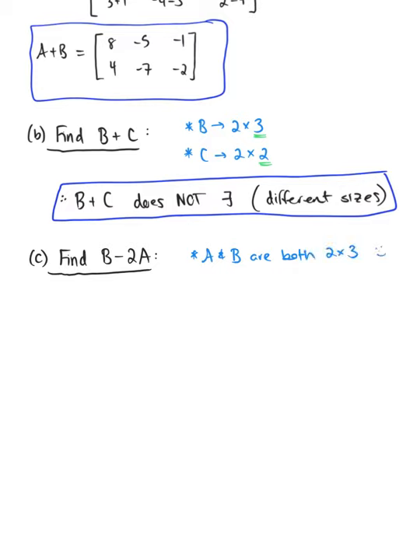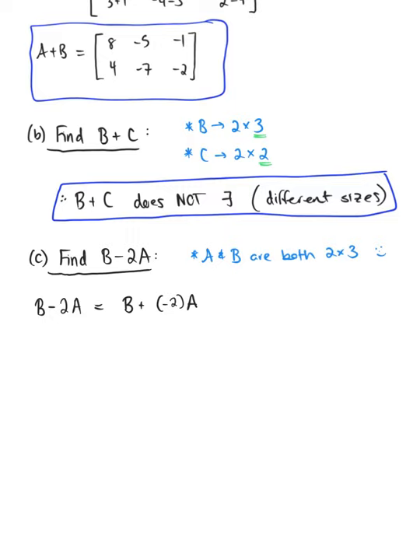So we know that this sum with a scalar multiple is going to exist. So another way to think about this, matrix B minus 2A. We don't have matrix subtraction because of scalar multiplication. So another way to think about this is matrix B plus the scalar multiple negative 2 times matrix A.